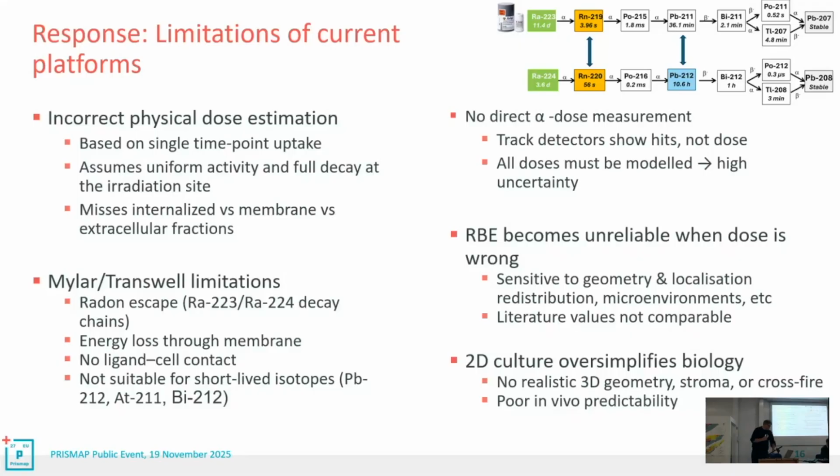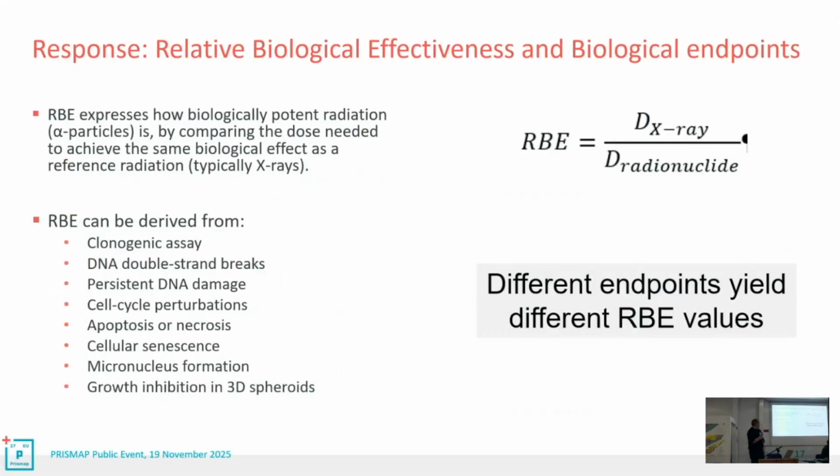And that feeds into the problems of relative biological effectiveness and biological endpoints. Relative biological effectiveness expresses how biologically potent the radiation is, compared against the dose needed to achieve the same biological effect with a reference radiation. So they'll be using X-rays.